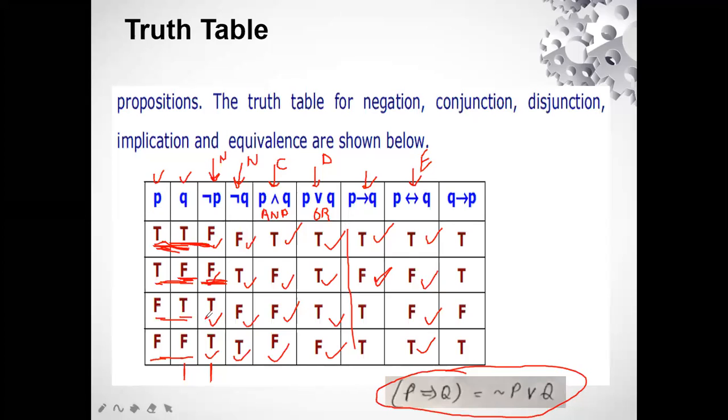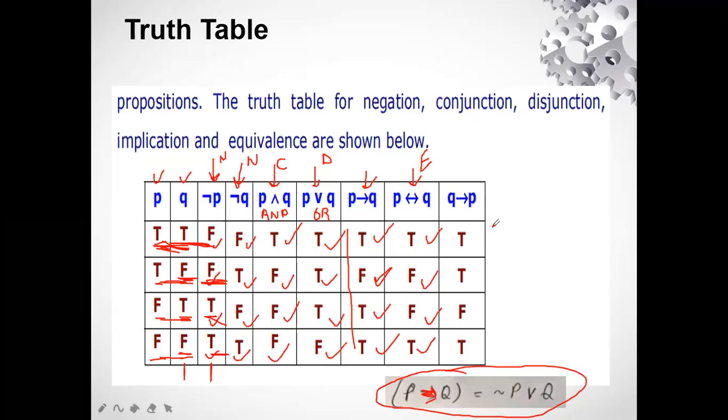Next, negation P is true, Q is also true, so it is true. Negation P is true, Q is false; one of them is true, so it is also true. So this is how we find P implies Q as negation P disjunction with Q.